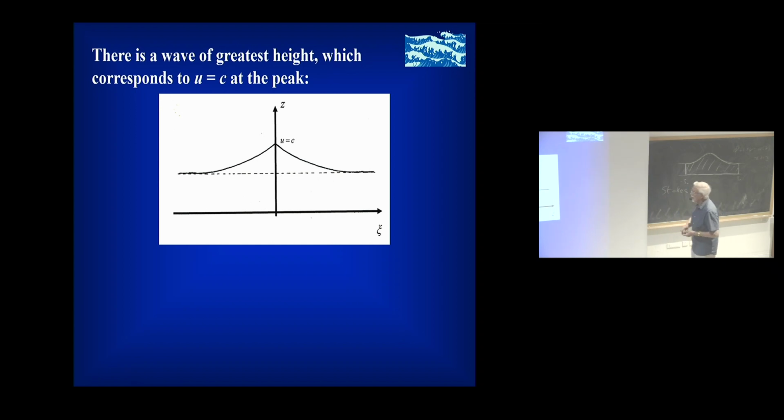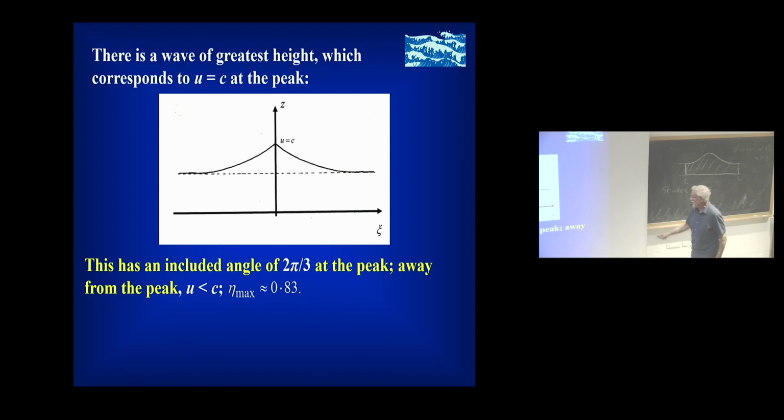What he then did was to look in the locality of the peak here and ask what happened as you approached the crest. He was able to do the analysis locally and show that there was an included angle of 120 degrees here.